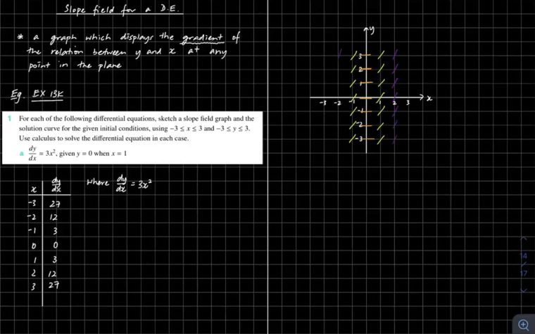I guess as much as anything here, I'm trying to show a relative difference between a slope of +3 and a slope of +12, and then a slope of +27. +27 is a slope that's very close to vertical, really, isn't it? So these lines here are almost as good as vertical.